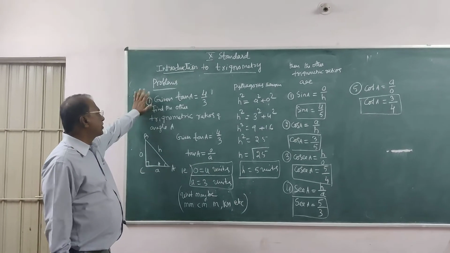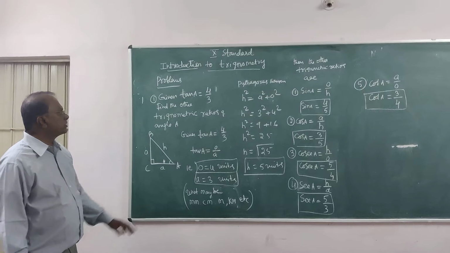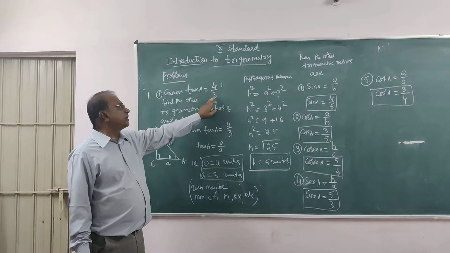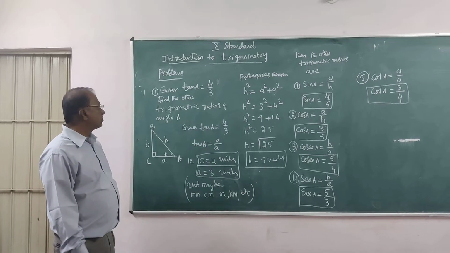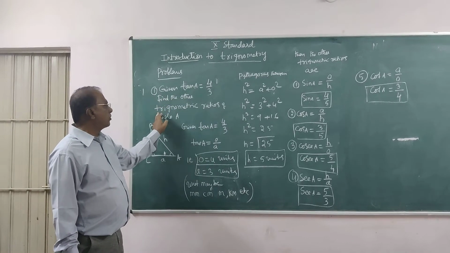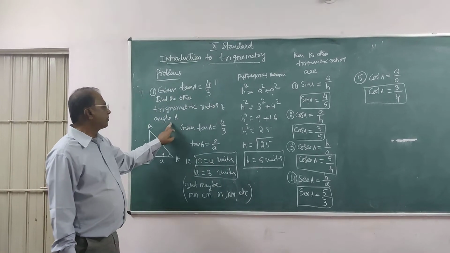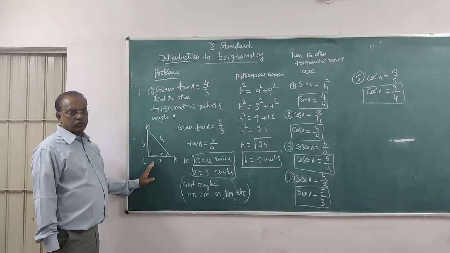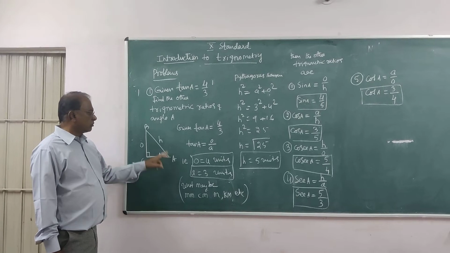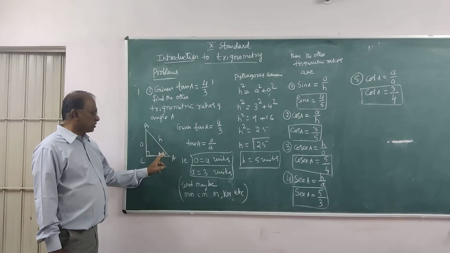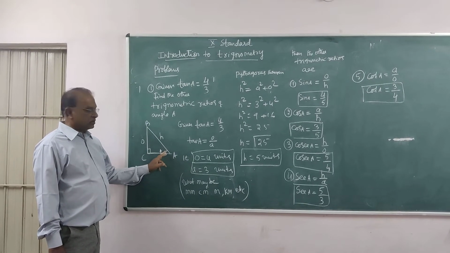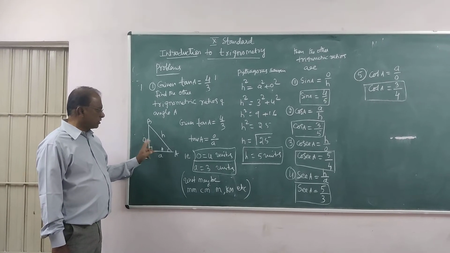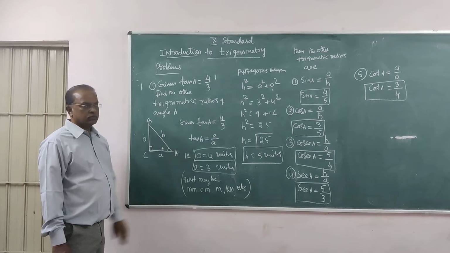Taking a typical example, the problem is: given tan A is equal to 4 by 3, find the other trigonometric ratios of the angle A. Put a suitable diagram for this. Right angle triangle, let us call this angle A. This side is called the adjacent side, this is the opposite side, this is the hypotenuse.